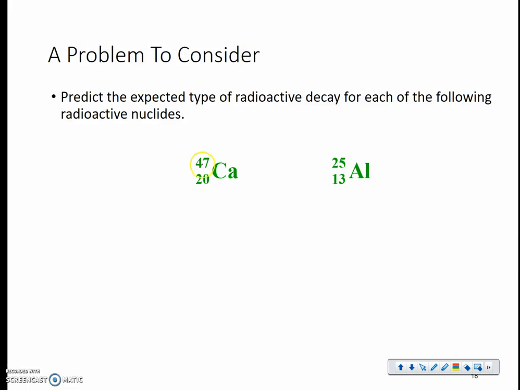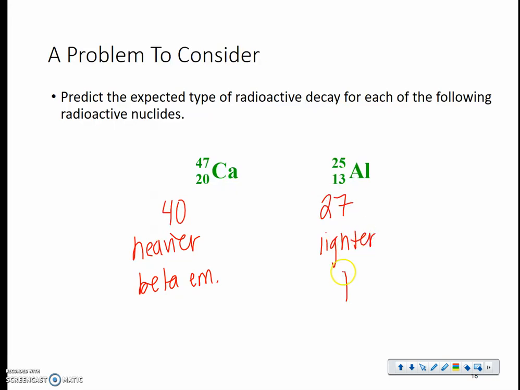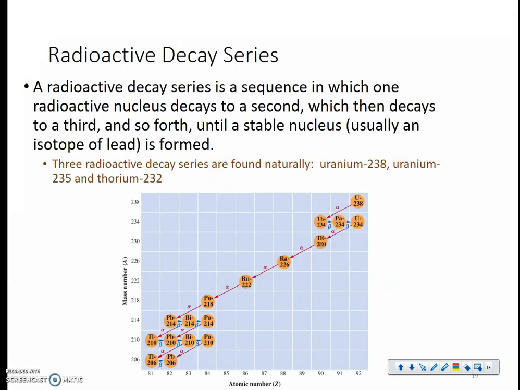In this case, 47, we want to compare that to the stable one, which is the one on the periodic table. So calcium stable is 40. So this is heavier, which means we want to undergo beta emission. For aluminum, the stable on the periodic table is 27. So this is lighter. We're going to undergo positron emission or electron capture. So this is just an easy way to predict what it's going to do.